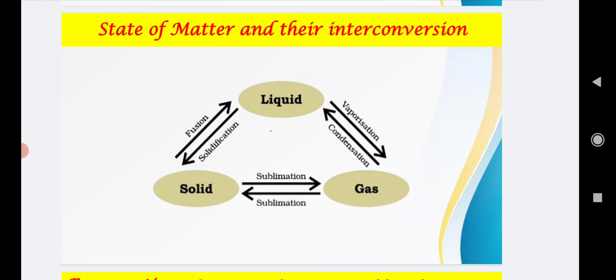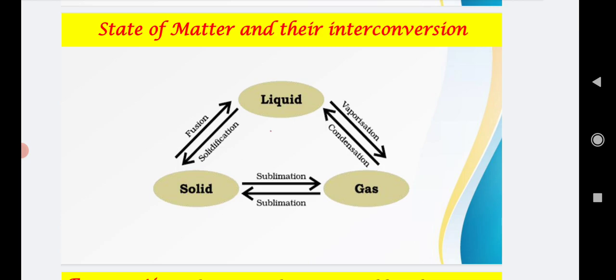In the same way, when gaseous water is converted into liquid, it is called condensation. We have seen natural condensation during the rainy season, and during distillation we can see gases getting converted into liquid, which we can collect. Camphor and naphthalene are examples of solid converting into gas, which is called sublimation.